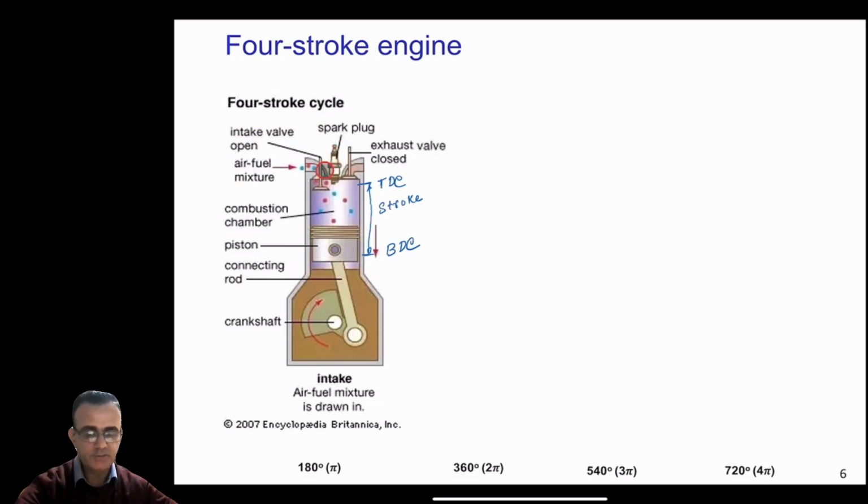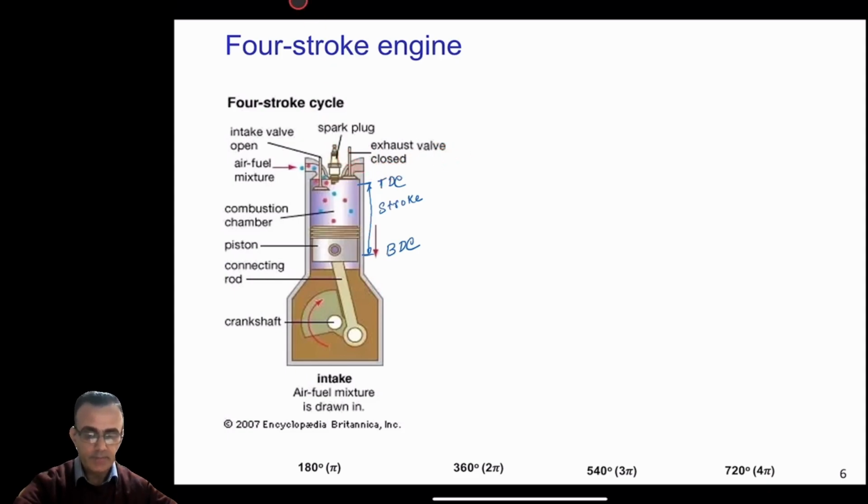You also have a spark plug, which will create a spark and ignite the air fuel mixture, and this is the exhaust port, where you again have a valve which can close and open the exhaust port.